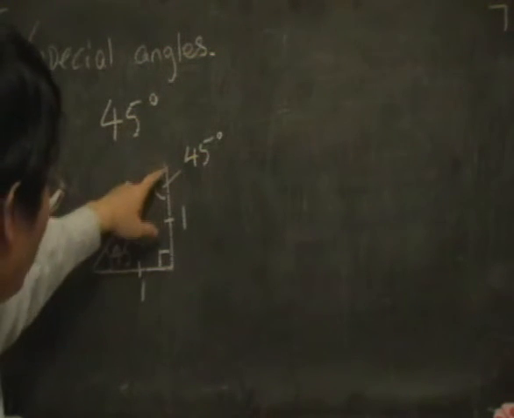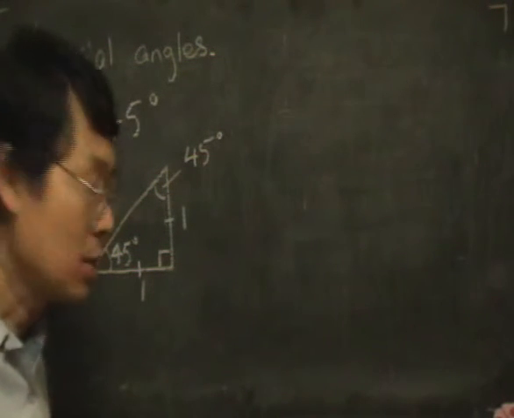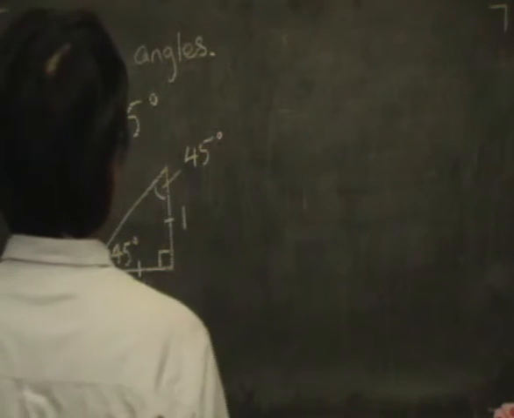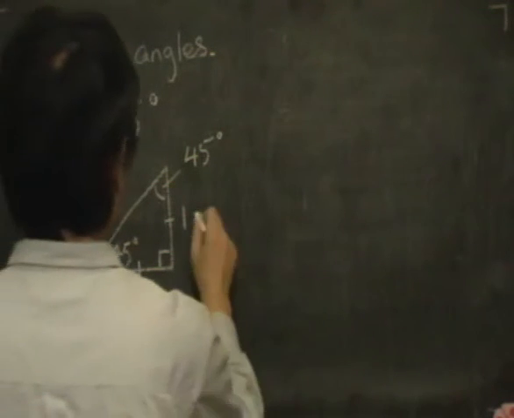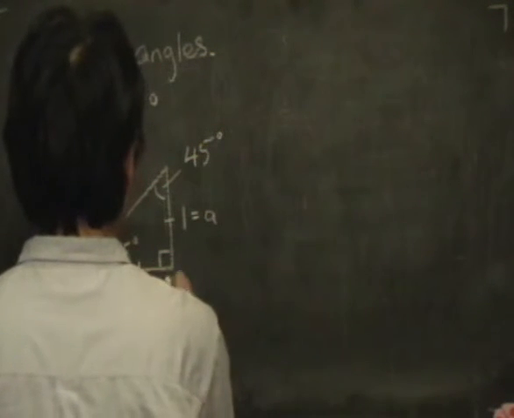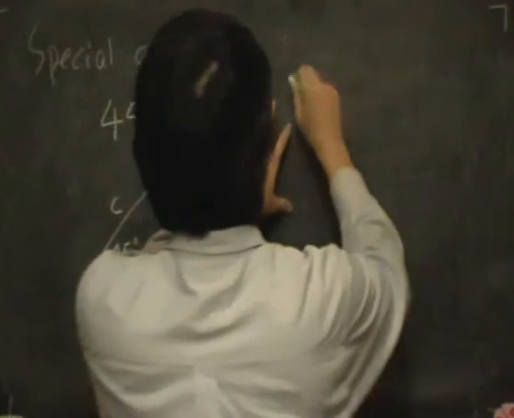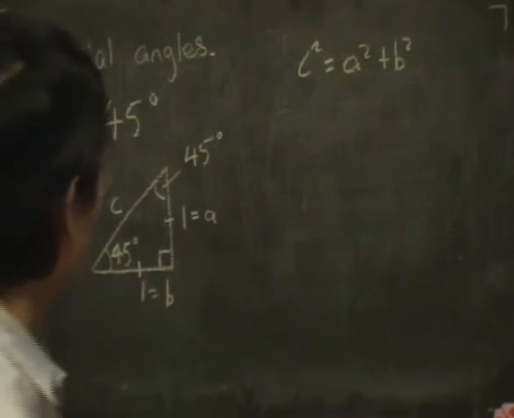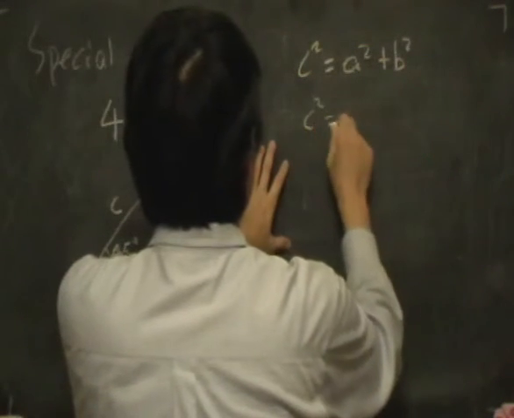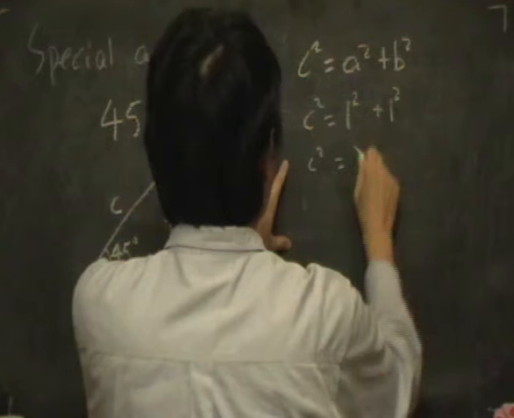And then we can find the longest side using Pythagoras' theorem. If I call the side C, and that's my A, and that's my B. Now Pythagoras' theorem says that C squared is equal to A squared plus B squared. So putting in the values from here, we have C squared equals 1 squared plus 1 squared, so C squared is equal to 2.